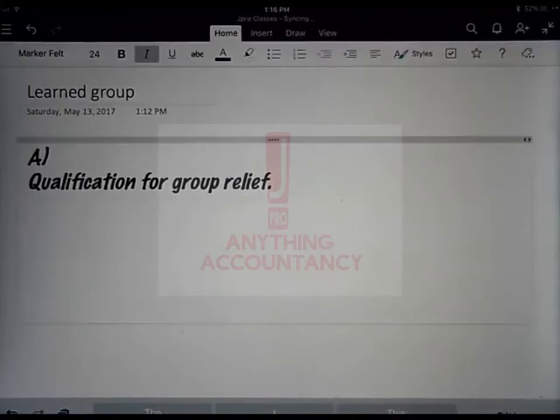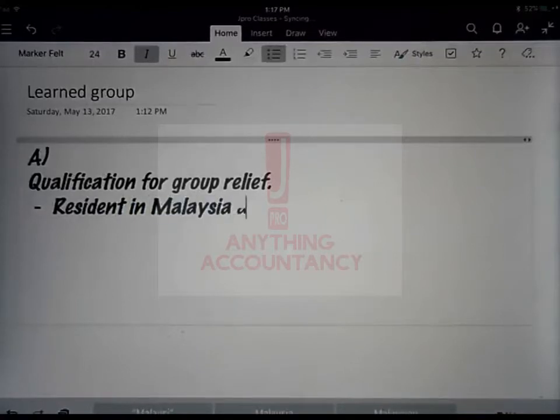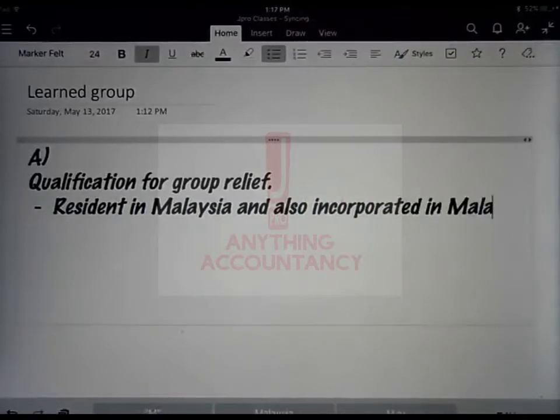First of all, the first part of the question. They must be resident in Malaysia right now, and also incorporated in Malaysia. Does that make sense?